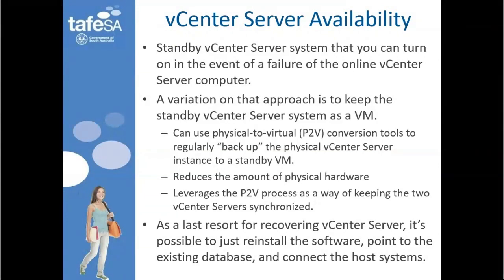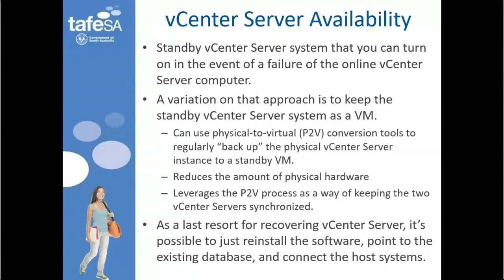So we can call this a physical to virtual conversion. You can have one physical and one virtual, and you can create the virtual one from the physical by doing P2V. You might have heard of this term before: converting a physical computer into a virtual machine.